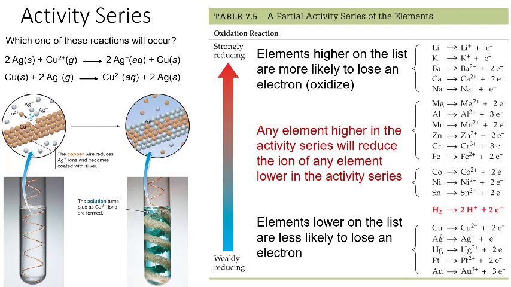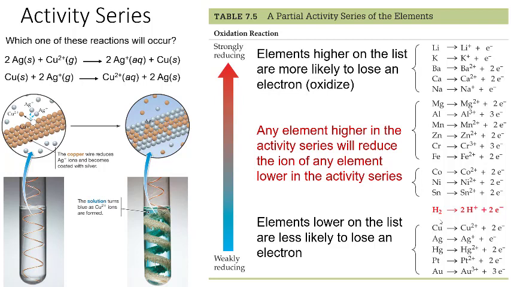Since copper is higher on the table than silver, copper will reduce the silver, because the element higher in the activity series will reduce the ion of any element lower in the series. So the copper will reduce the silver plus into silver.